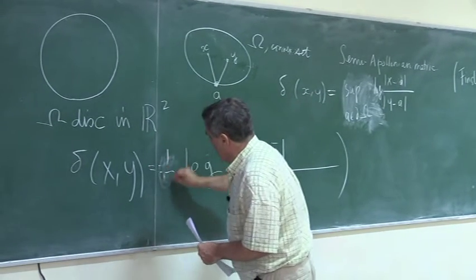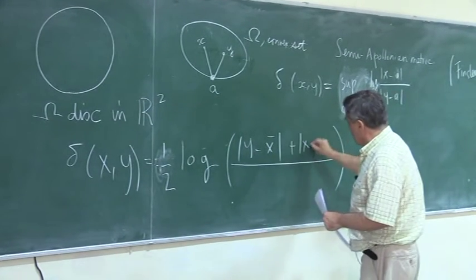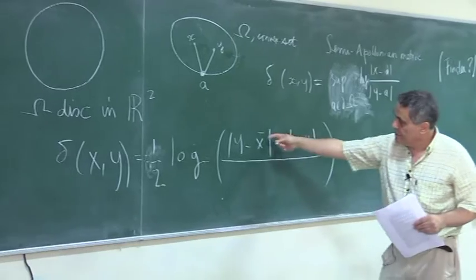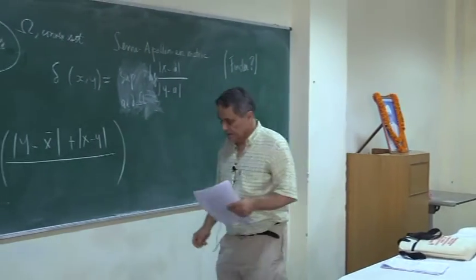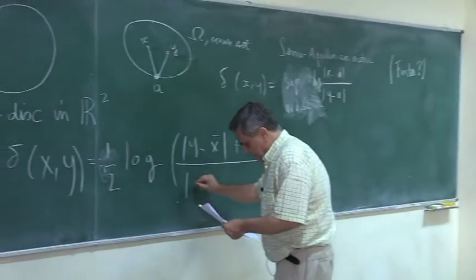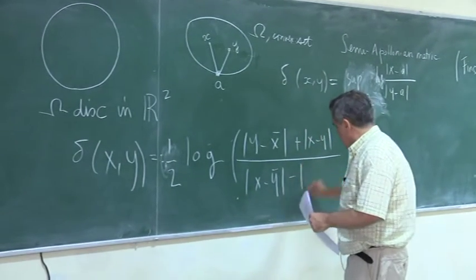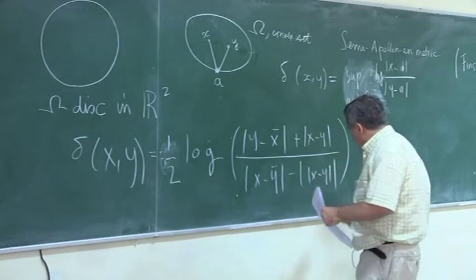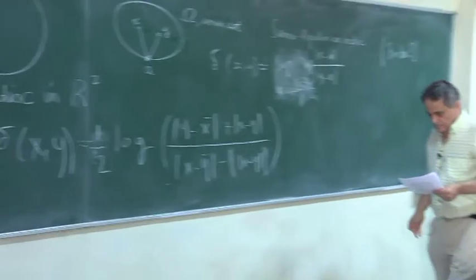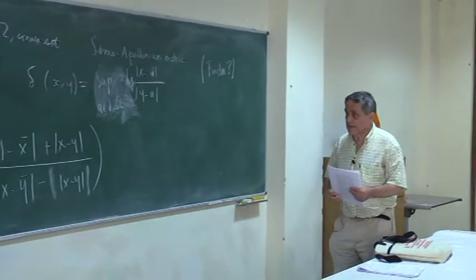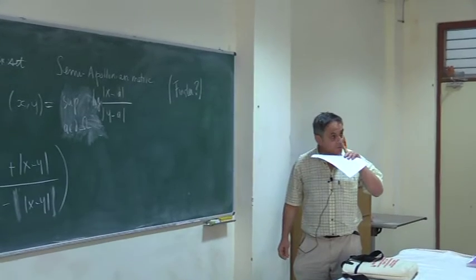I have a half here, half of the log, and this is x minus y, this is x bar, the complex conjugate of x, and this is x minus y bar minus x minus y. I think this is the formula. You have an explicit formula here.